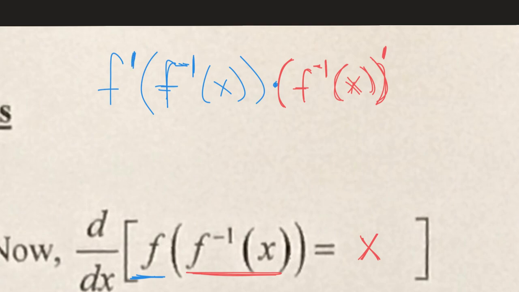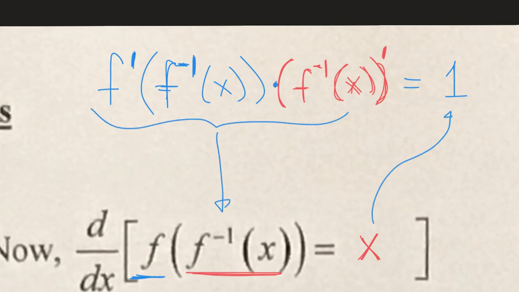So f prime of f inverse of x times f inverse of x prime equals, what's the derivative of x? Equals 1. So all of this comes from the chain rule derivative of a composition of functions. No, you're not going to be tested on that. It's just nice to know where it comes from.